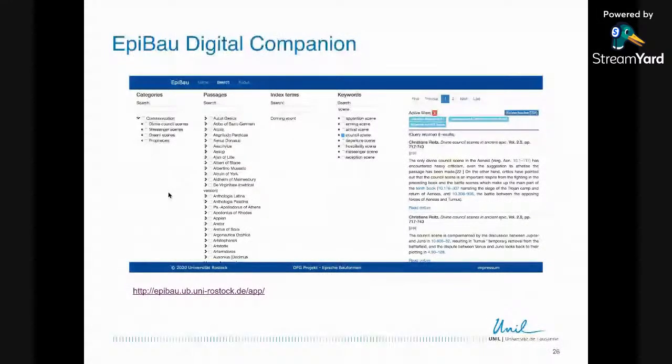And what we ended up with is essentially 4 columns that represent the indexes that you have also in the printed publication. But these indexes work as dynamic filters. So you are able to mix them together. So you can formulate queries that are also quite sophisticated.